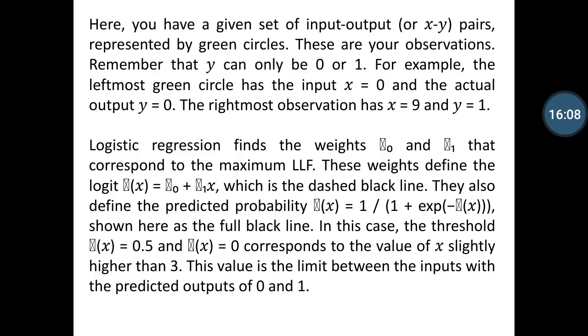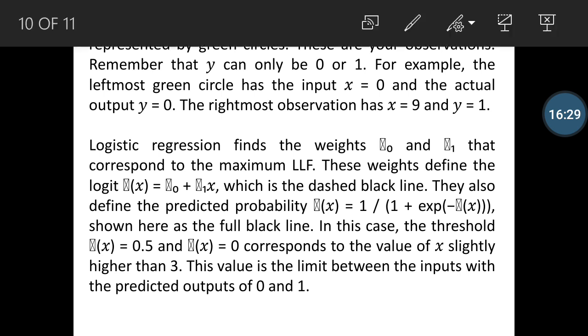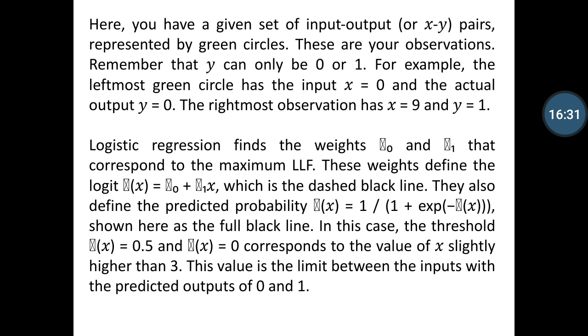Here you have a given set of inputs and outputs, such as x, y pairs represented by green circles. These are your observations. Remember that y can only be 0 or 1. For example, the leftmost green circle has the input x equal to 0 and the actual output y equal to 0.